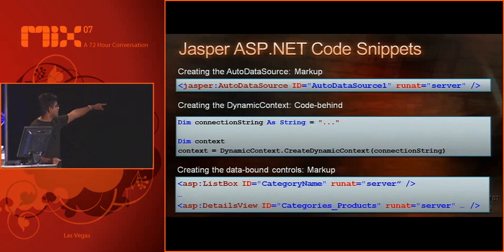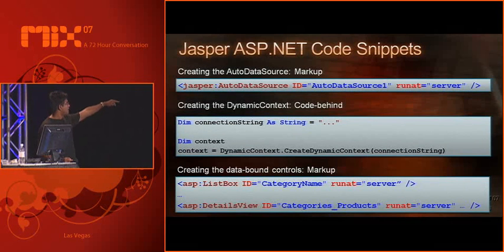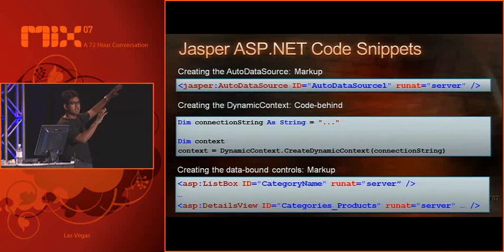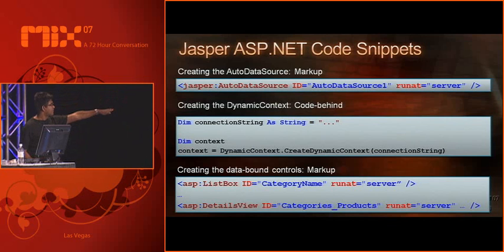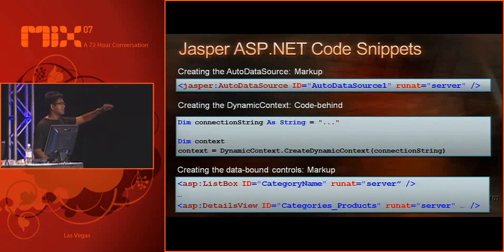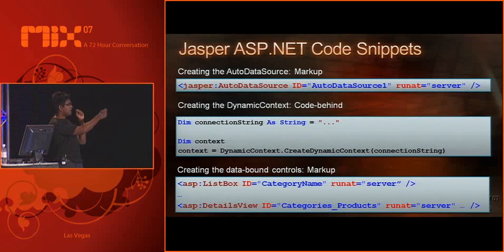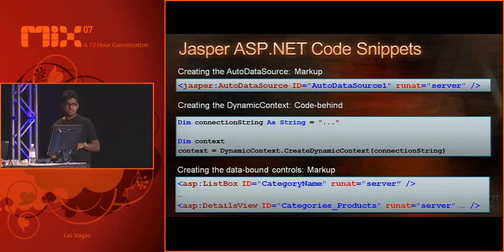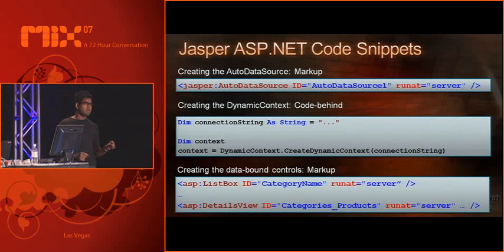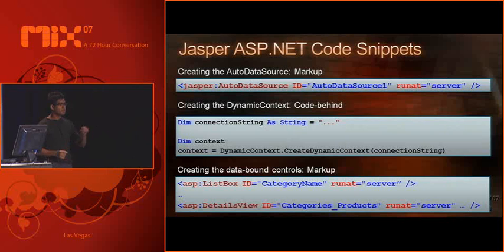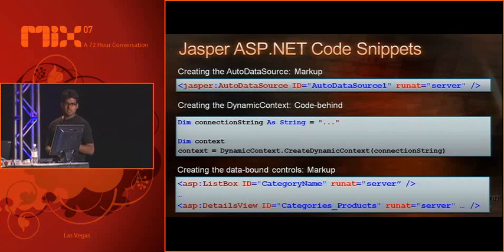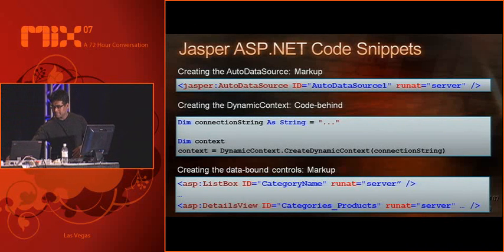And then in this example, I create a list box and a details view. The particular database schema I had here was categories and products. But I can display category names in the list box, and I can display the products related to categories in the list and the details view purely through those naming conventions. And those naming conventions are described in detail in the Jasper overview doc that ships with the CTP, so you know what to expect. Question?